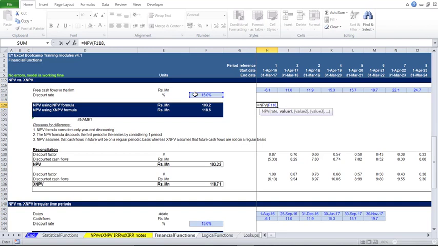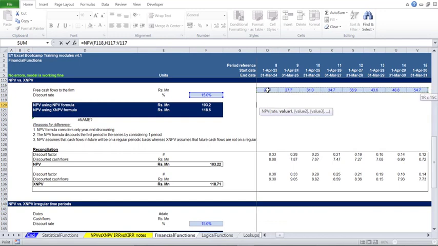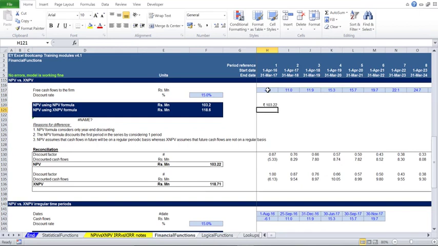Now you can see there are prompts for multiple arguments starting from value 1 to value 2 and so on. Let's link all the free cash flows in the second argument and thereafter. We select the entire series of cash flows and then close the round bracket and press enter. As you can see, we have the NPV, which is matching the solution provided in the example using the NPV function.